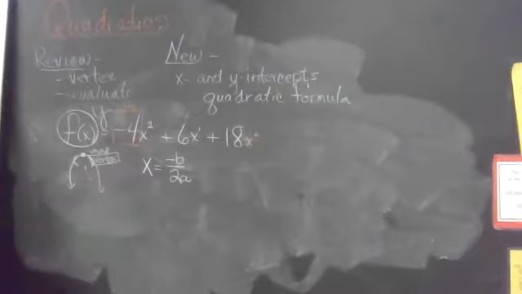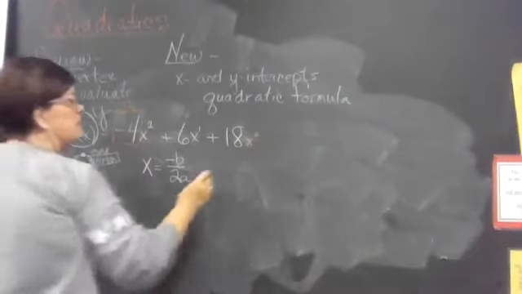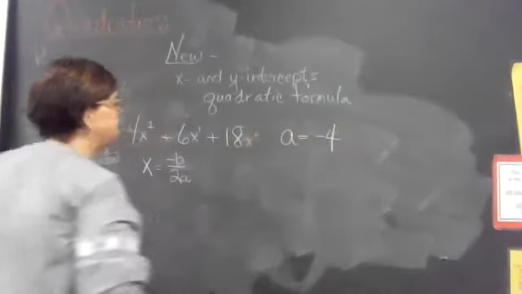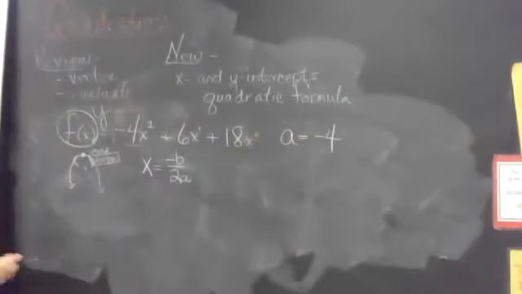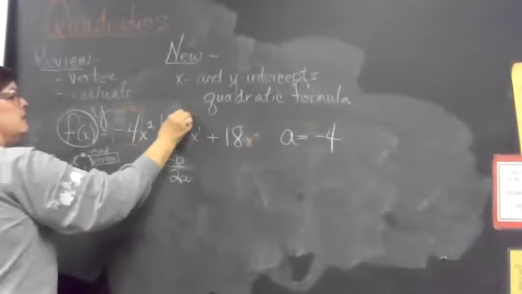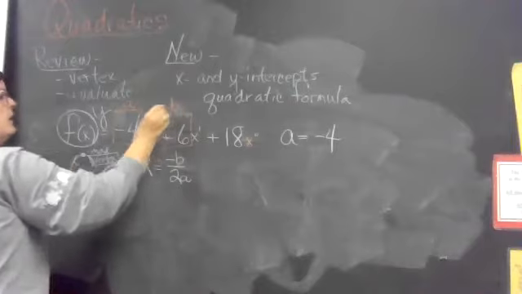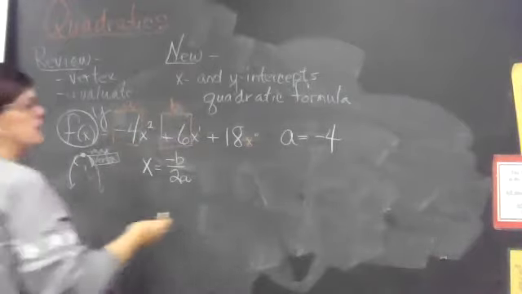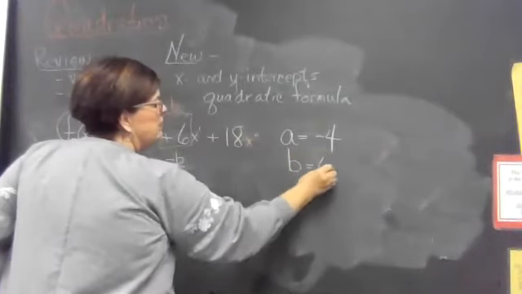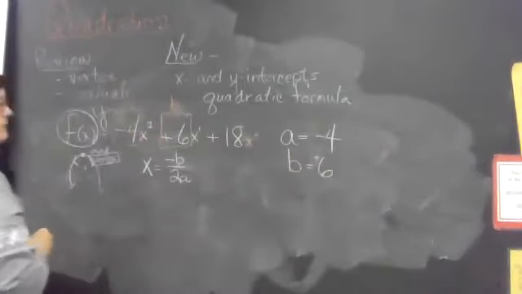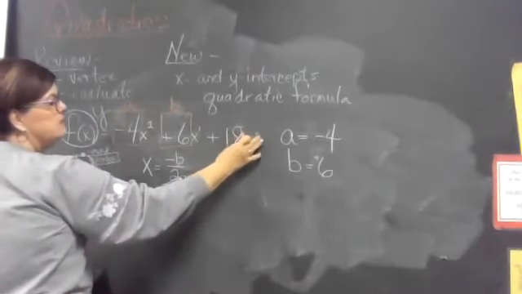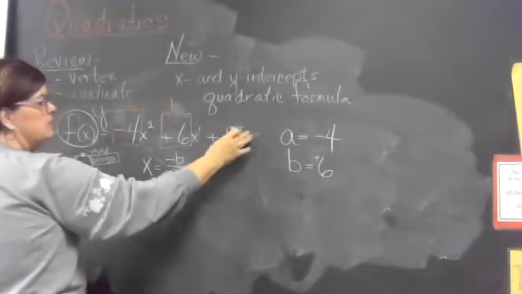So A, we're going to say right here, A equals -4. So the next one and its sign will be your B, always. So B is 6, a +6. And C, probably you won't see this x to the 0.